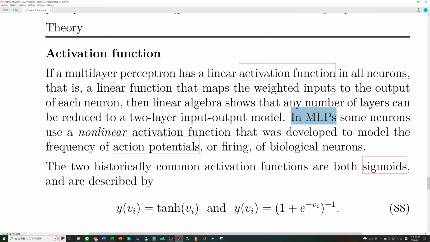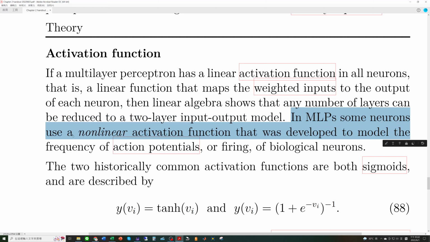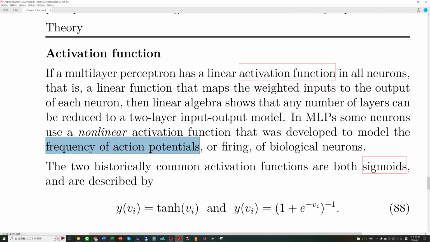In MLPs, some neurons use a nonlinear activation function that was developed to model the frequency of action potentials, or firing, of biological neurons.